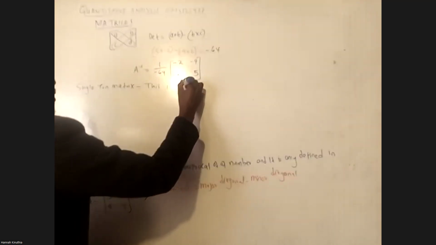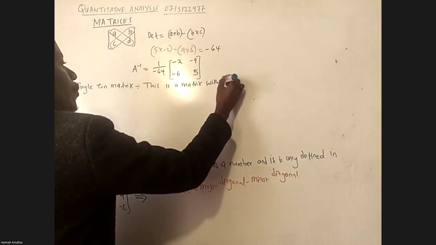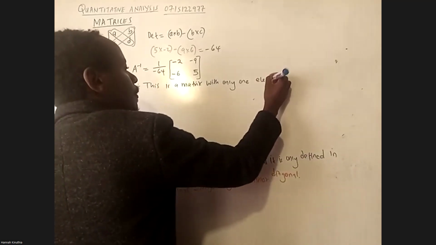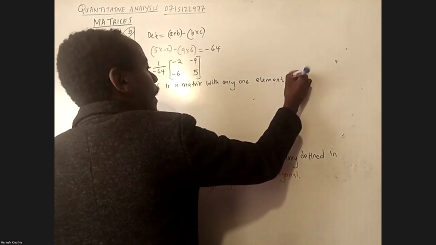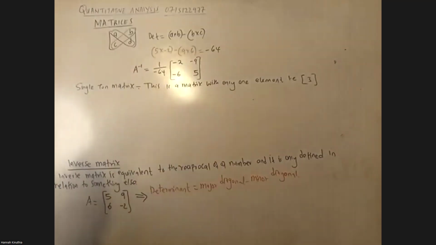It looks like this. This is a matrix with only one element. We can also talk about column vector matrix.